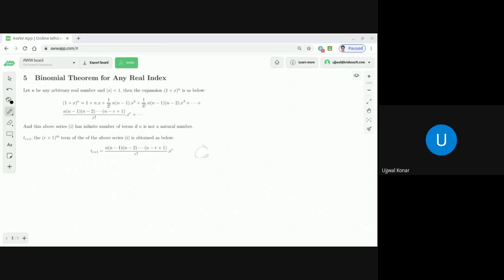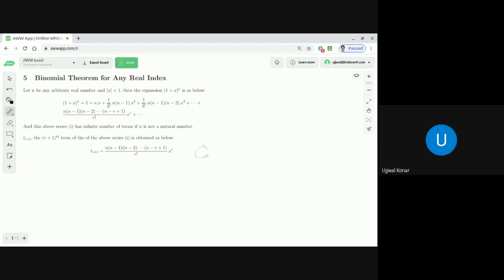So, binomial theorem for any real index. Look into it here. Whatever we have discussed so far, (a plus b) power n, where n was what? A natural number, if you recall, isn't it? That's why we are able to do nC1, nC2, nC3, and so on up to nCn.